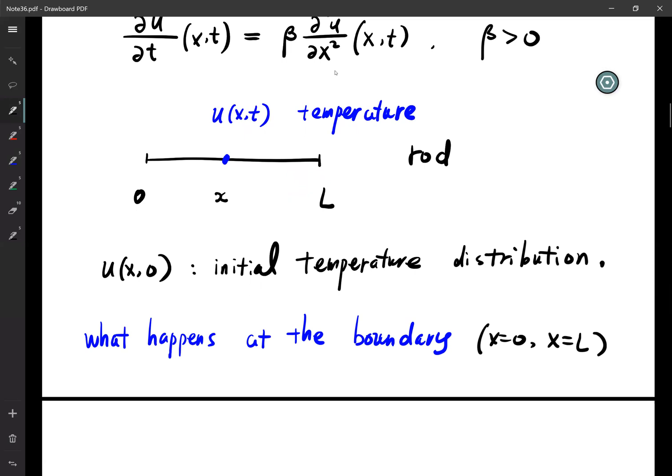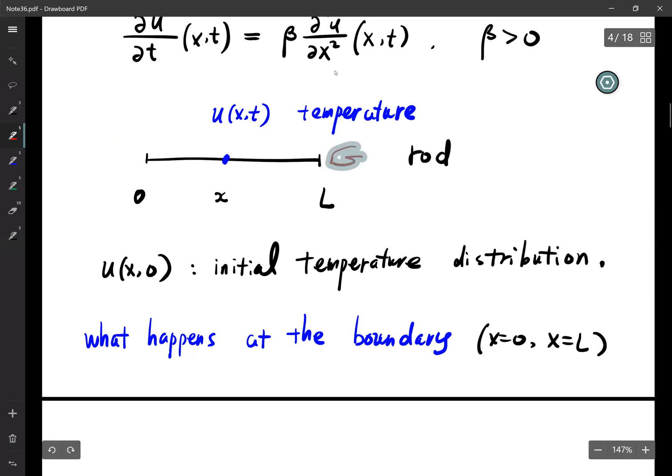Think about it physically. I can, for example, put two ice cubes here so that it absorbs an enormous amount of heat away from the two endpoints. Or I actually heat this thing up constantly around the boundary, and the effect of the two things will be absolutely different.